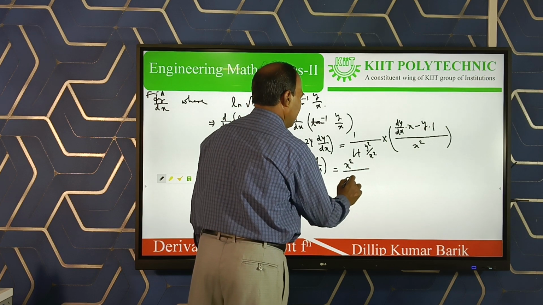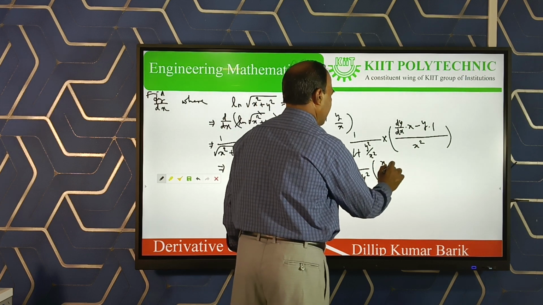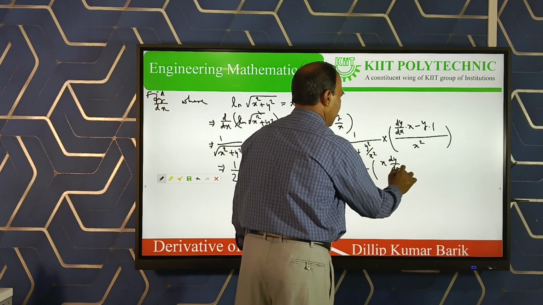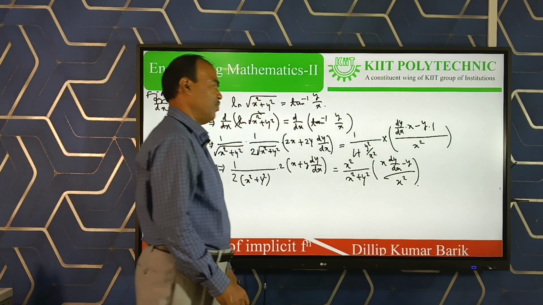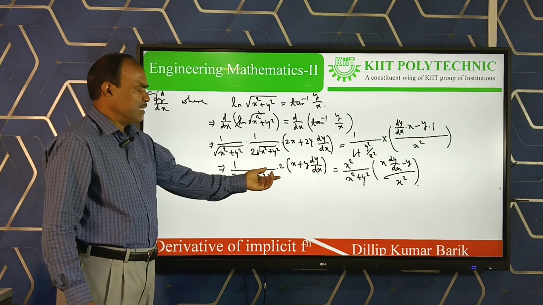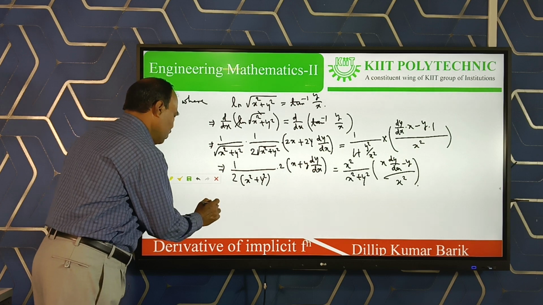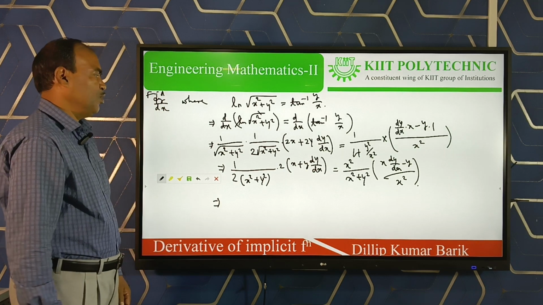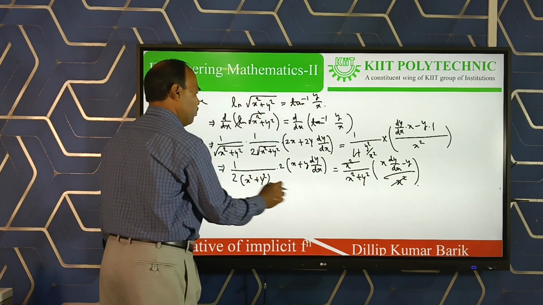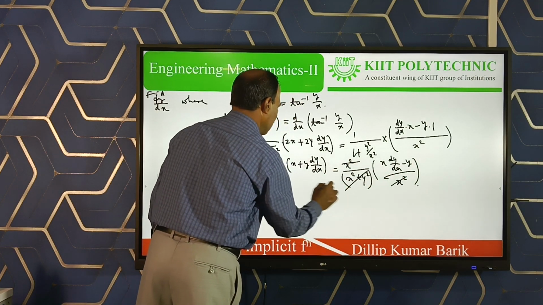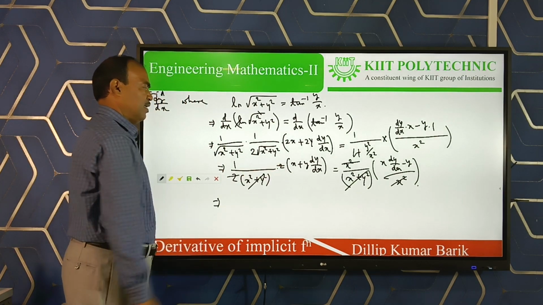Simplification gives x square divided by x square plus y square, and it is nothing but x into dy by dx minus y, whole divided by x square. Now the LHS is a big expression, the RHS also, and we simplify. There are similar terms on both sides: x square and x square cancel, both side denominators x square plus y square cancel, here 2 cancels 2.